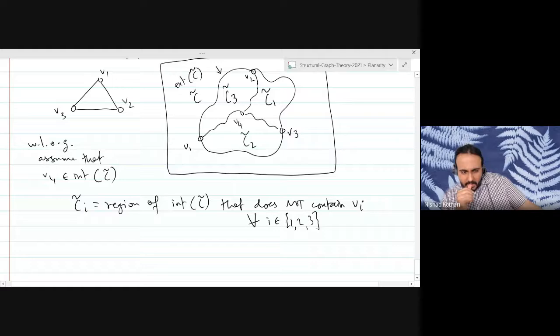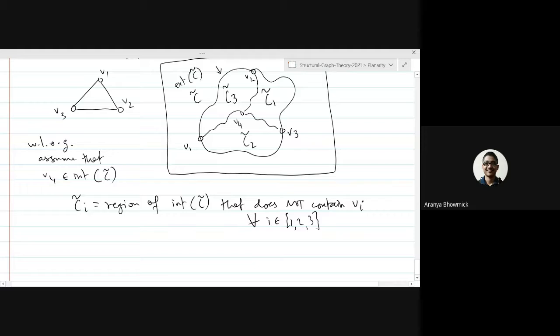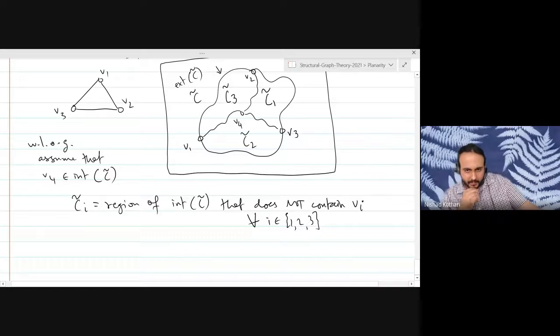All right. Yeah, go ahead. The arcs joining V4 to each of V1, V2, V3 lie in the interior of C tilde, since V4 lies in the interior of C tilde. That's right, except for the ends.